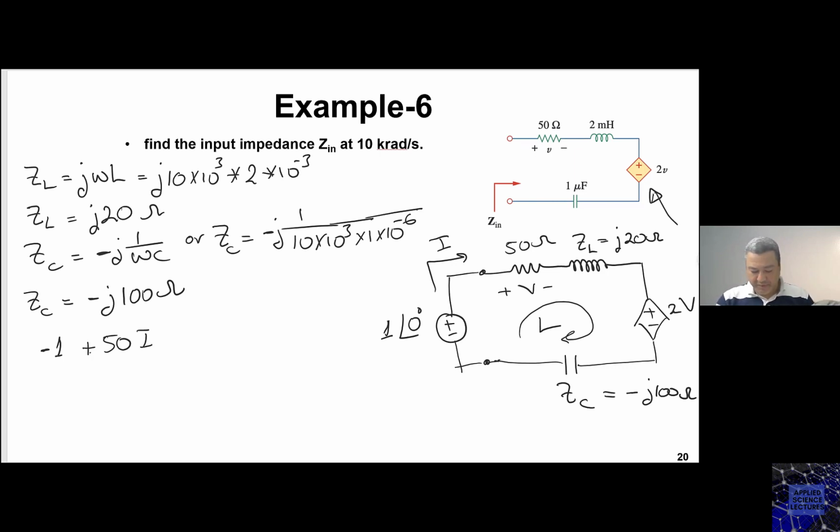Let me add all those impedances all together. What I can say is that 50 plus J20 minus J100, all of them times I, plus 2V equals 0, right?